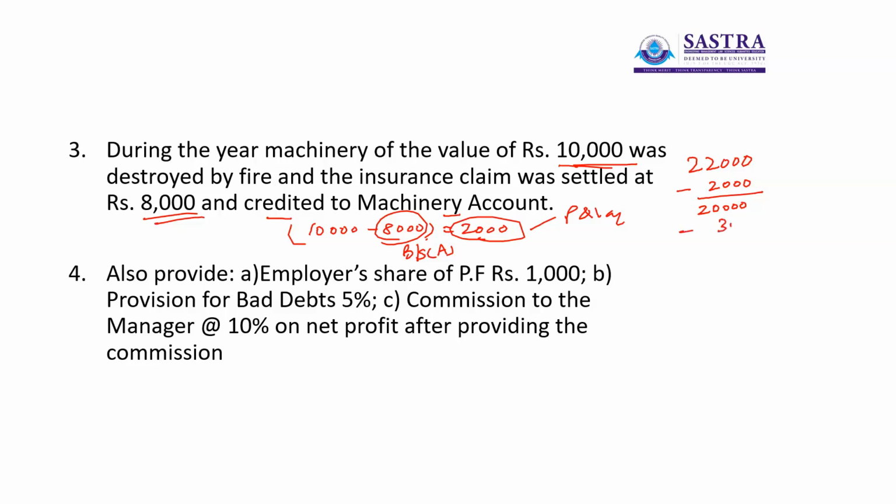Less depreciation 3,000, and the balance of 17,000 should be shown in balance sheet. When wordings like credited to machinery account is not given, if settlement made outside the balance sheet, this should be adjusted. This should be shown in the balance sheet asset side.